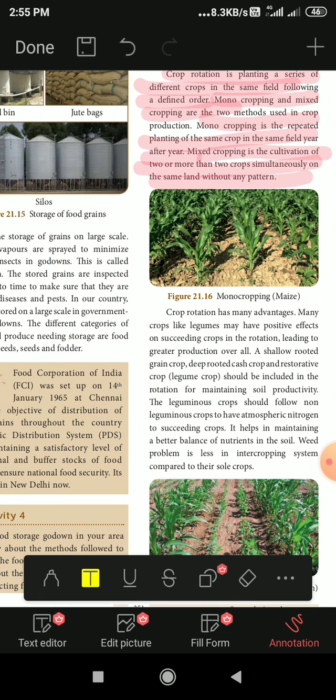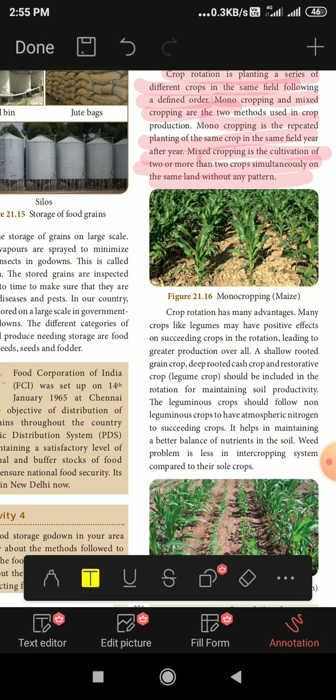The crop rotation, why do they do this crop rotation? Because if one crop has been cultivated, after its harvest, the fertility of the soil will be reduced. To balance that, they will cultivate the leguminous plants, and these leguminous plants have a peculiarity: in their root nodules they have the bacteria which has the capacity of absorbing atmospheric nitrogen and fixing it to the soil.